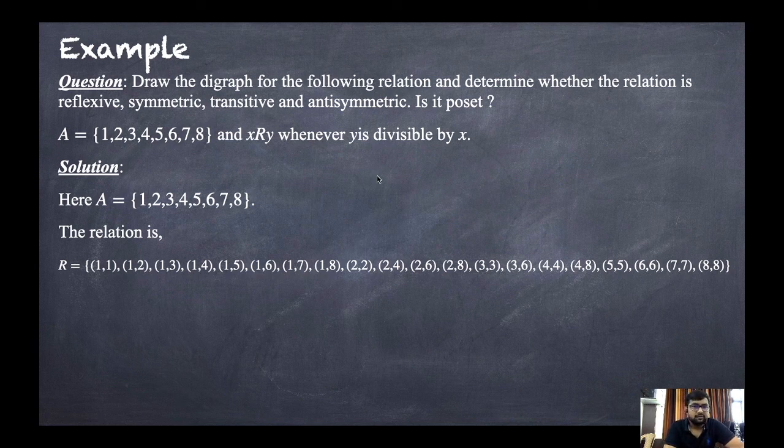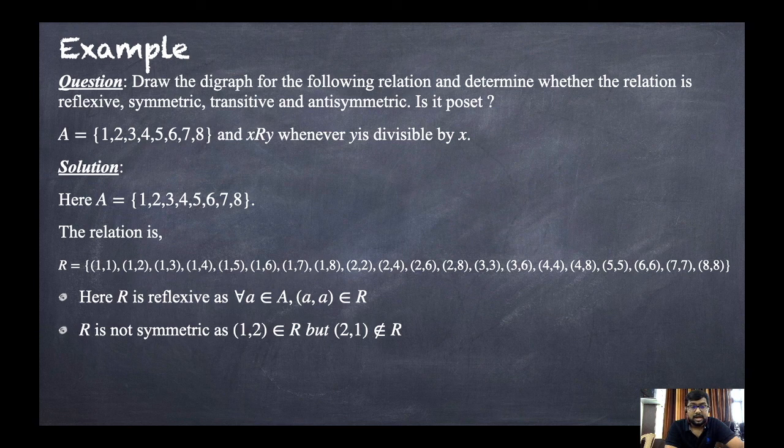Now first, for reflexivity, here R is reflexive. Why? Because see, each and every element divides itself, so it is obvious, so it is a reflexive relation. Next, R is not symmetric. Why? Now see, to prove anything, it has to be true for any numbers, or here in this case for any 8 numbers.